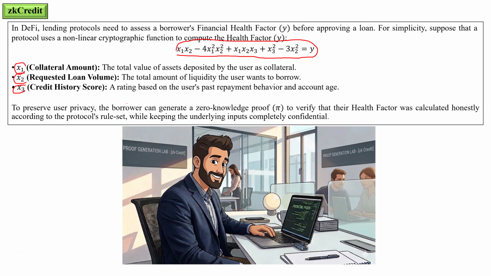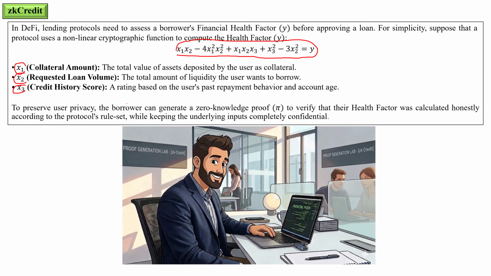So now we want to compute the health factor of the user without knowing the collateral amount, the requested loan value, and the credit score of the user. So how can we do that?